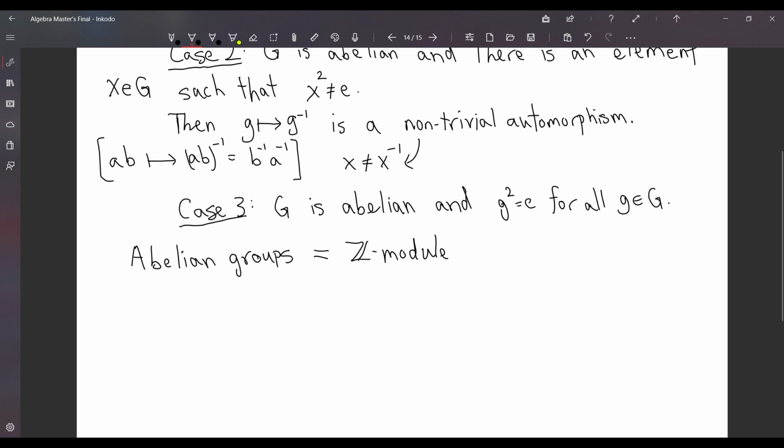And this is because you can write things additively, essentially n1g1 plus dot dot dot plus nkgk, right? Where the n sub i are integers, and g sub i are the group elements. And I should say this is finite, at least you can write it like this if it's finite.